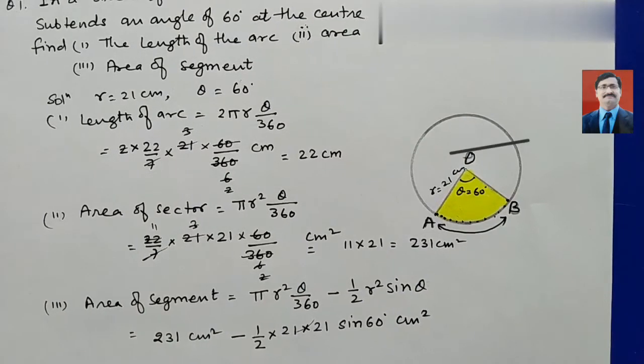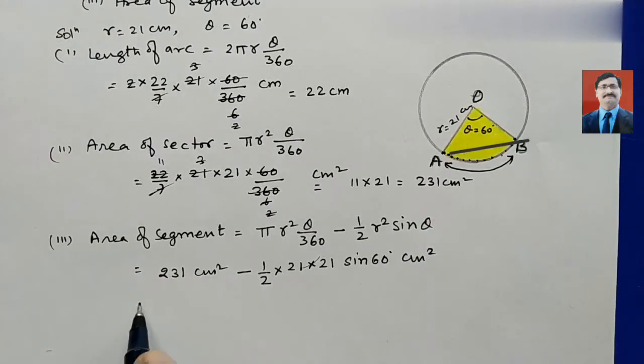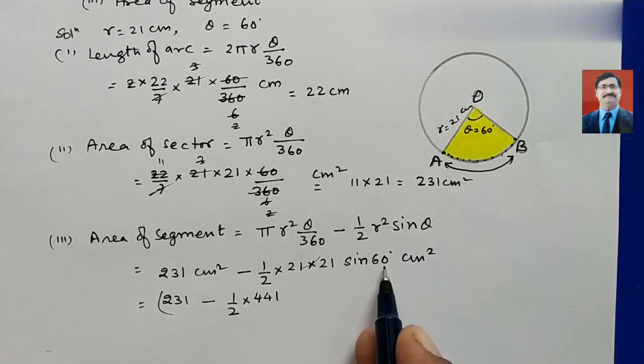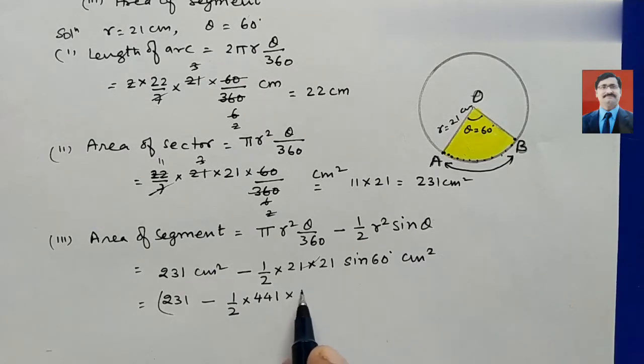Now we can write 231 as it is, minus 1 upon 2 as it is, 21 into 21 is 441, sin 60 is root 3 by 2, so we put as it is.